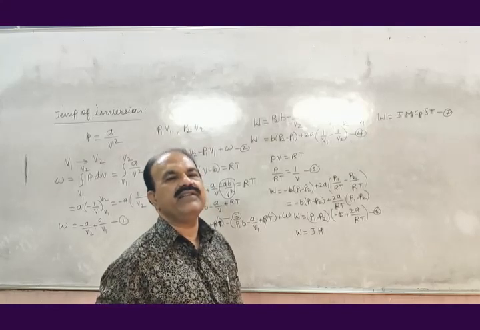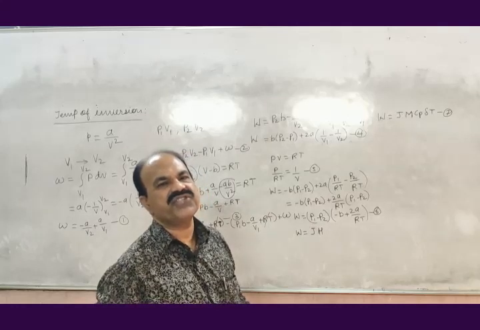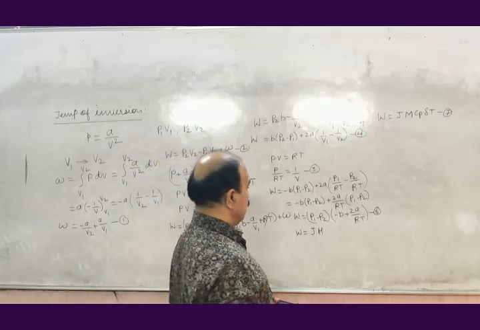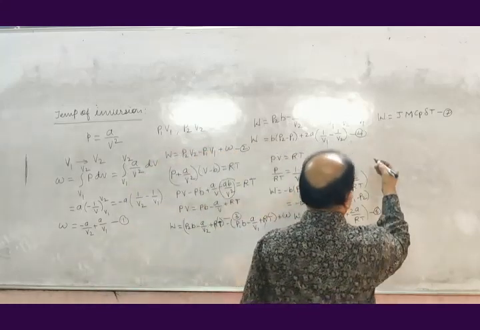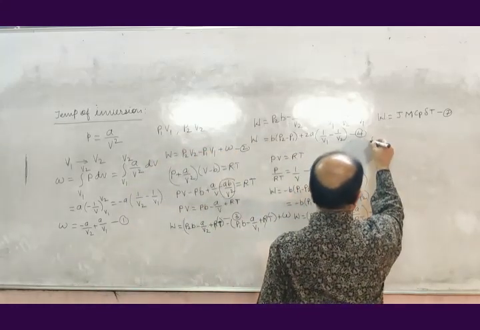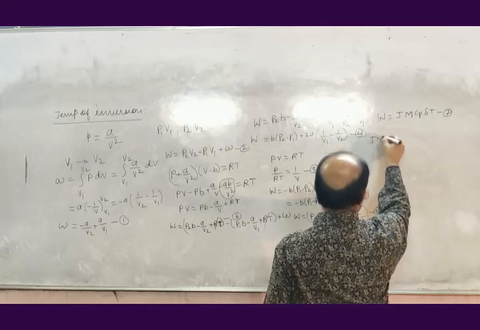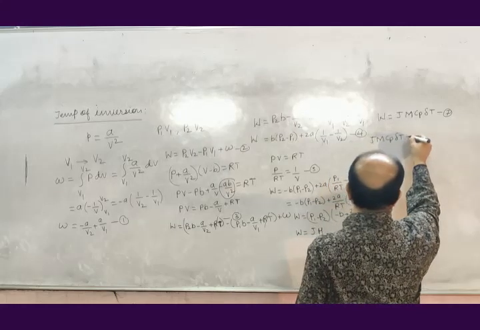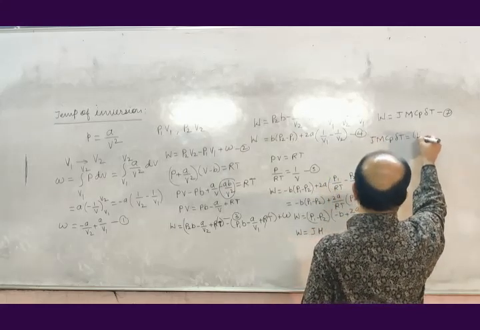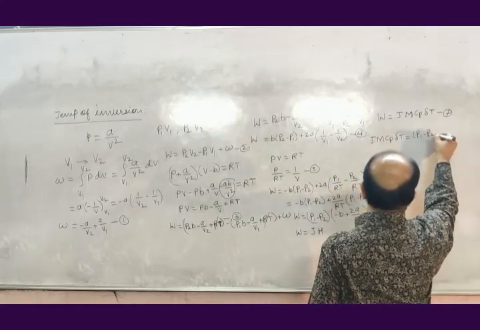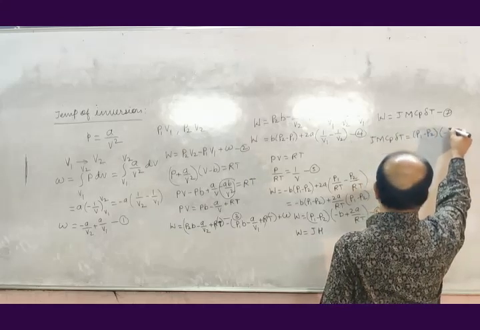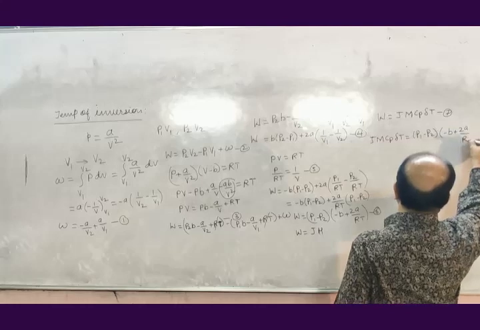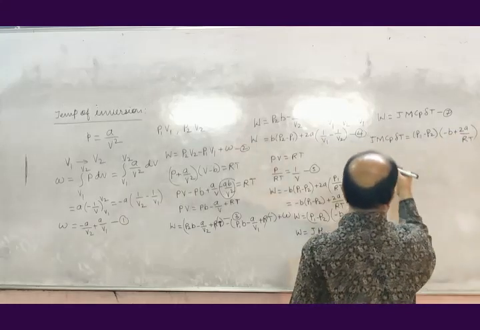Let us equate RHS of equations 6 and 7, so that we have J M Cp delta T is equal to P1 minus P2 into minus B plus 2A divided by RT.